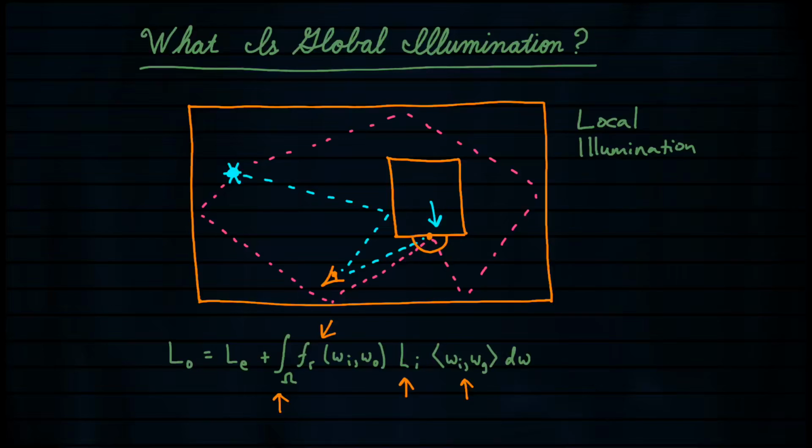In other words, in order to find out what this value is, we might have to trace the ray and then do another hemisphere, and then we might have to trace another ray, do another hemisphere, trace another ray, do another hemisphere, trace another ray. And so sometimes we'll call this the ray depth.